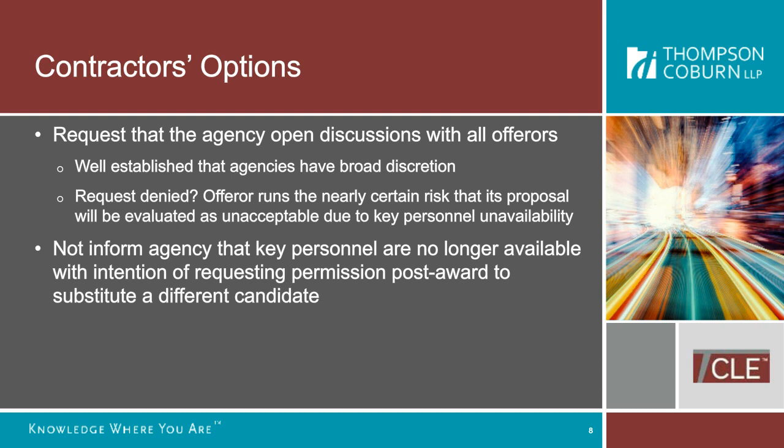Shouldn't the agency just be looking at the initial proposal and its acceptability as of the submission date? And the answer to that is no, even though that would seem to be fair and logical. The answer is the agency then will evaluate the proposal with the knowledge that your key person is no longer there, no longer available, and it's a problem.